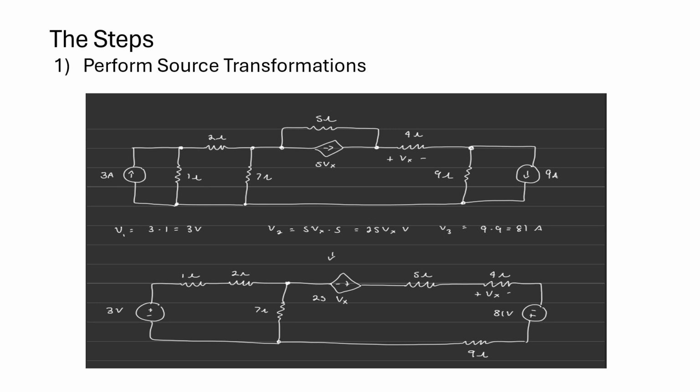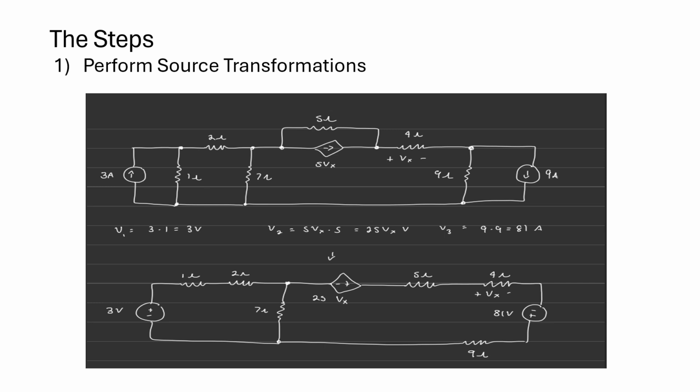So to get the source transformation from current to voltage, all we have to do is 5Vx times the 5 ohm resistor, which will give us 25Vx volts, which, as you can see down here, becomes a dependent voltage source.